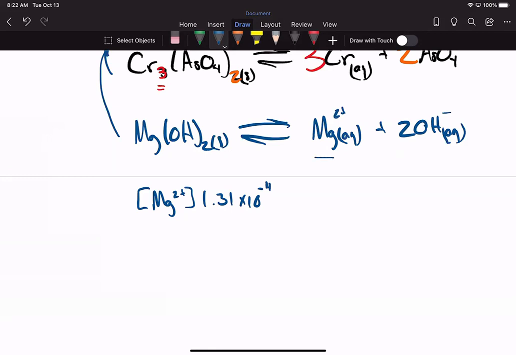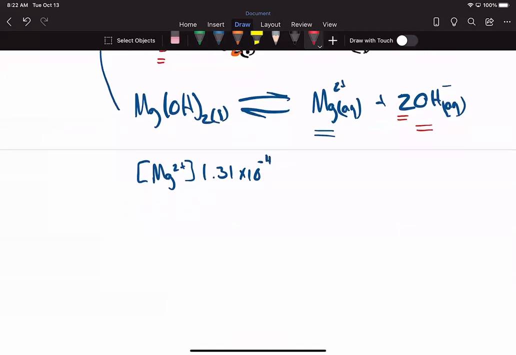If I know this concentration, well, the concentration of the hydroxide is twice that of the magnesium, given this final concentration here.